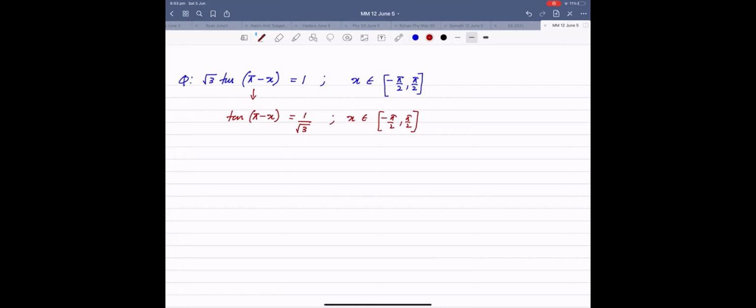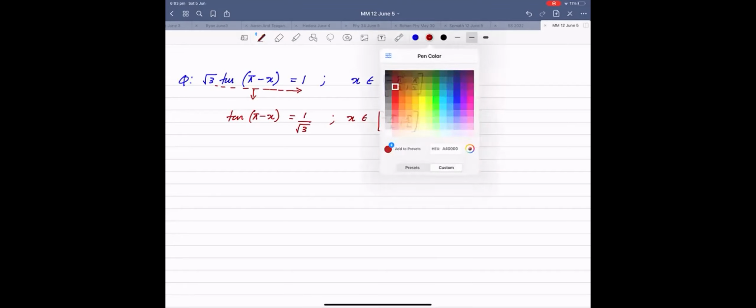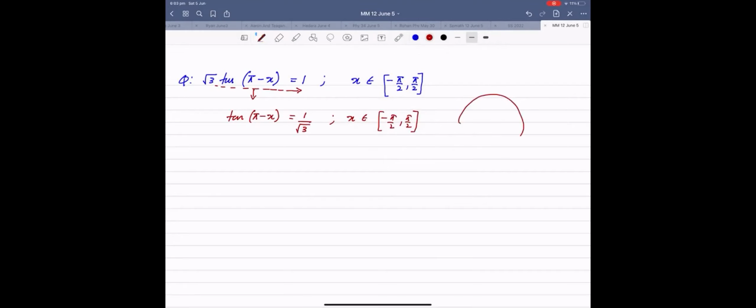Then the quadrant formulation for tan: second quadrant, tan is negative, so it will be minus tan x.